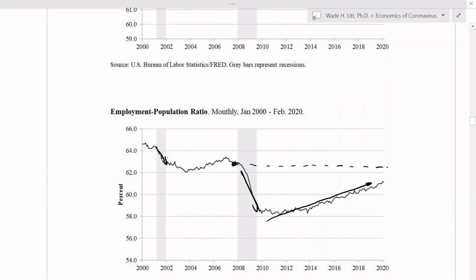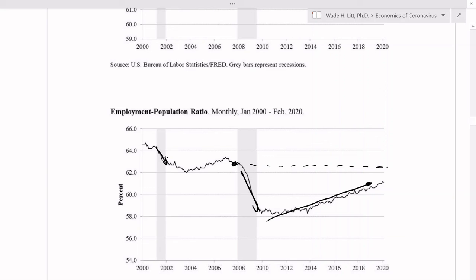Okay, and so that's just going back to the idea that it's not enough to look at just one statistic. Different statistics measure different outcomes, and to get a broader sense of the labor market, you need to look at a few.